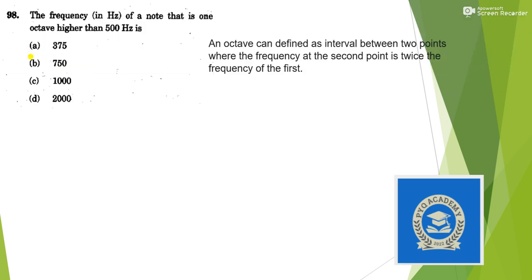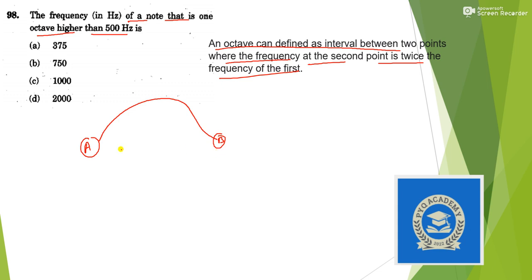Next question, the frequency in hertz of a note that is 1 octave higher than 500 hertz. So let's go through the statement. An octave can be defined as an interval between 2 points where the frequency at second point is twice the frequency of first point. Very simple statement. Let's suppose A is a point having some frequency, and B is some point having some frequency.